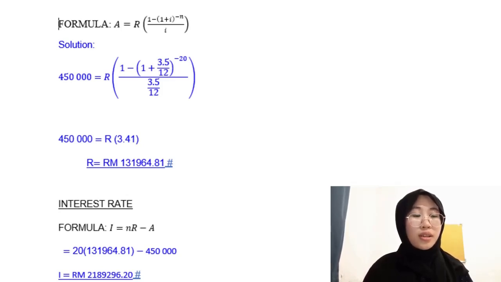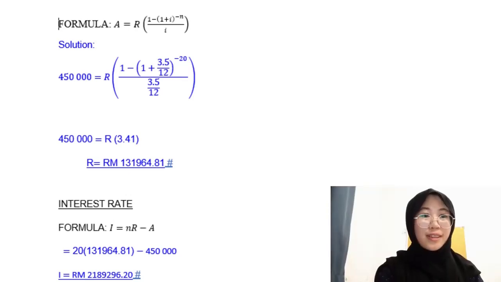450000 equal to R bracket 1 minus bracket 1 plus 3.5 divided by 12 bracket to the power of negative 20 divided by 3.5 divided by 12. So R is RM131,964.81.